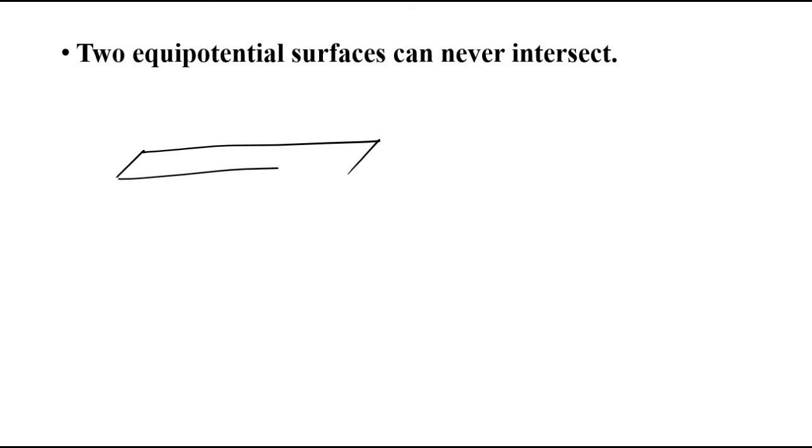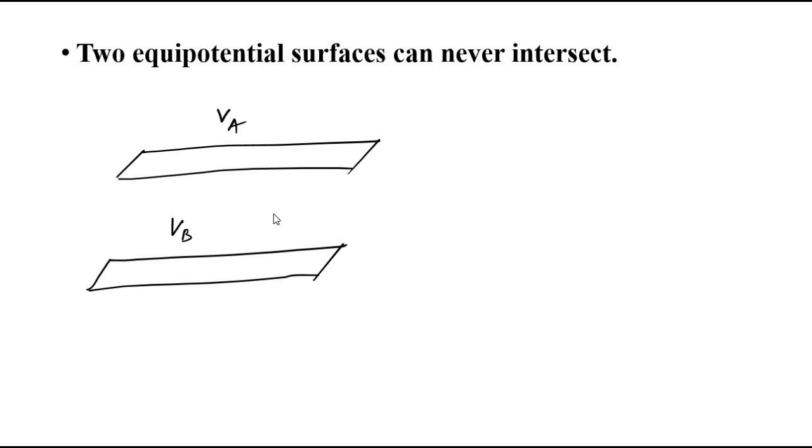This is one equipotential surface, let's say VA, and we have another equipotential surface like this. VA is different from VB.